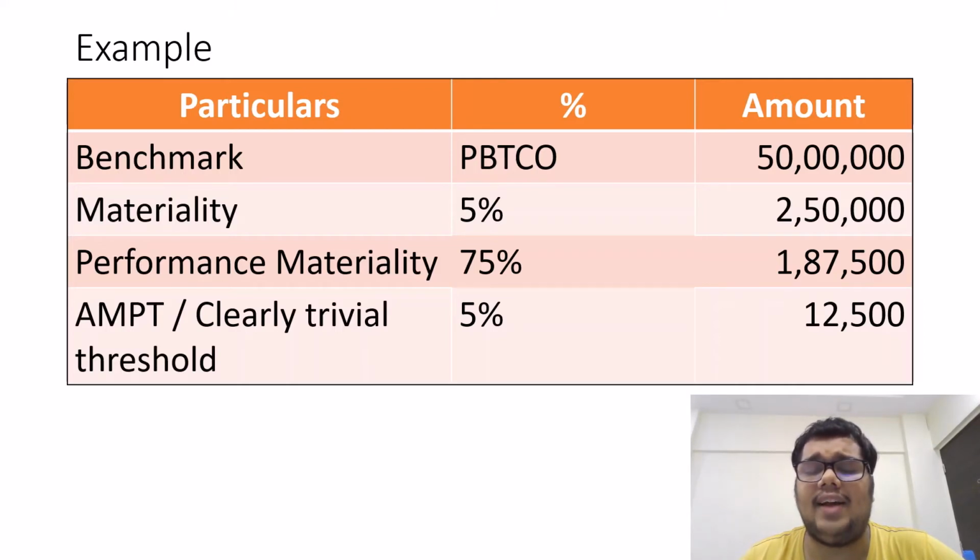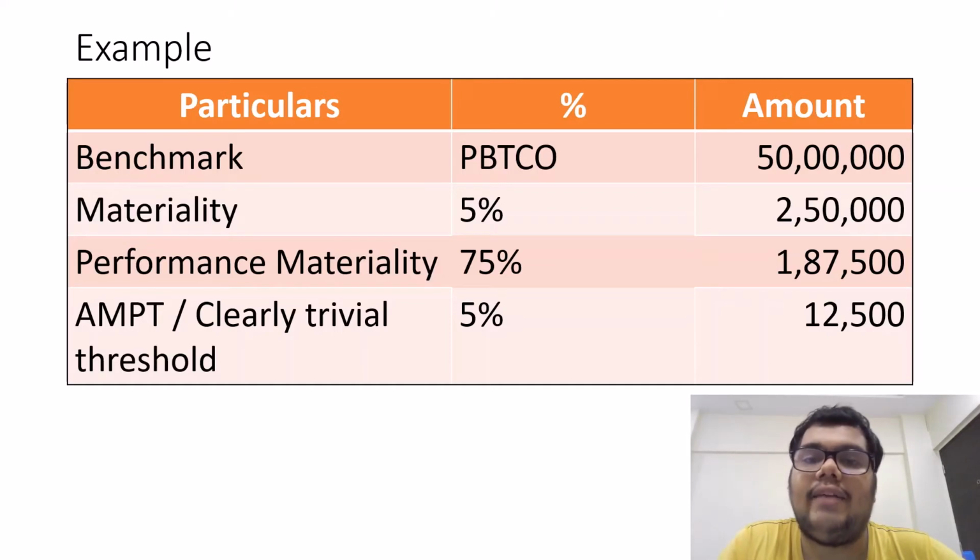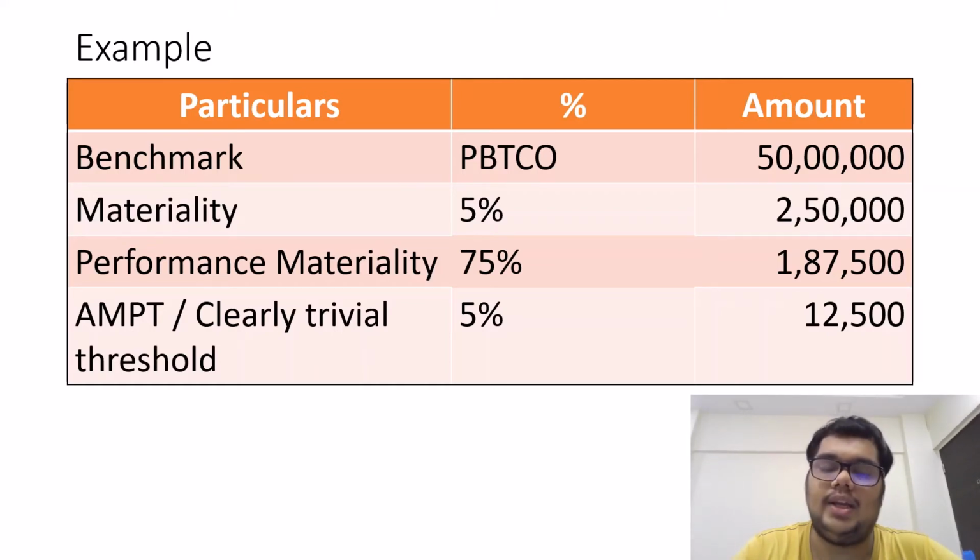Let us say at the end of my audit I have a misstatement of 2,60,000 which is not corrected by the company, then I will qualify my opinion. But if I have a misstatement of 2,40,000 and the company refuses to correct it, it will not be a material misstatement. It will be an immaterial misstatement, and I will not need to qualify my opinion.